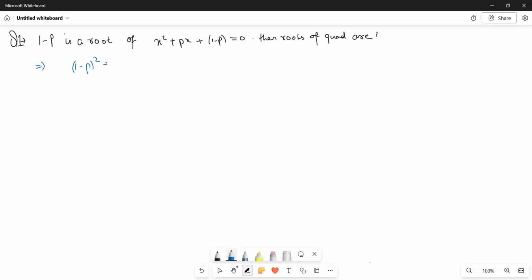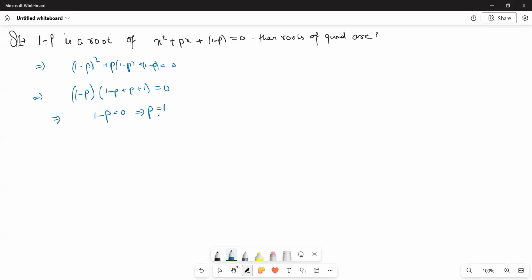So 1 minus p whole square plus p into 1 minus p plus 1 minus p is equal to 0, which is like writing 1 minus p taken common, 1 minus p plus 1 is equal to 0. Okay? So this implies 1 minus p is 0, or we get p is equal to 1.